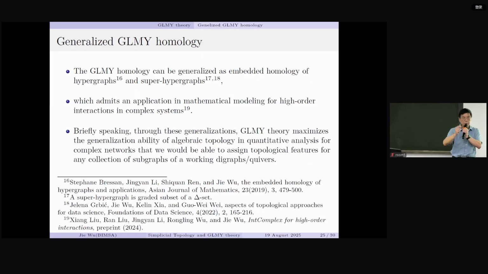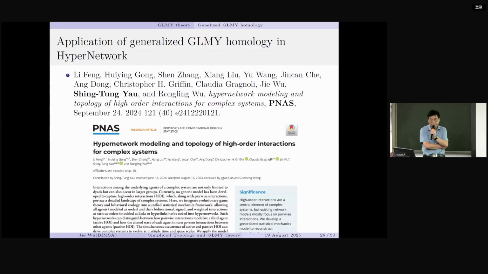Give me a graph, whether directed, undirected or mixed, and a collection of subgraphs, and we can produce topological features from that. That's the power of these generalizations, and we did successful applications to understand the mechanisms of high order interactions for complex systems.